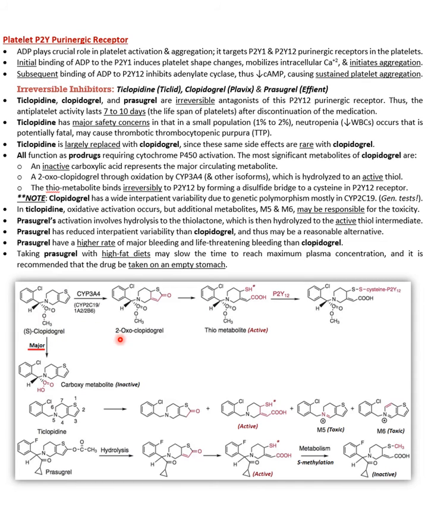So having different polymorphs of the cytochrome P450, mainly this one here, the CYP2C19. So clopidogrel has wide interpatient variability due to genetic polymorphism, mostly in this enzyme.